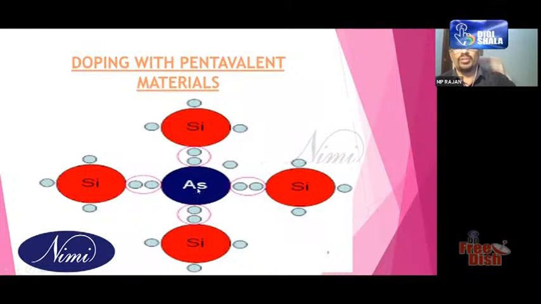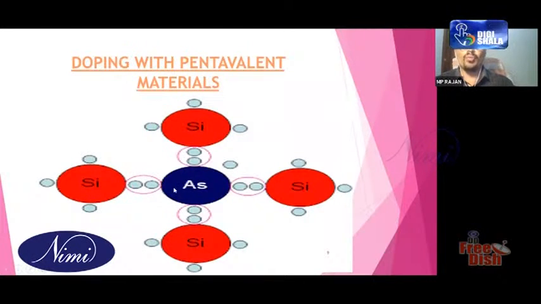Arsenic, so that is adding impurity. Without impurity, we say semiconductors are intrinsic semiconductors. When you add doping or impurity, we say extrinsic semiconductor. So in the extrinsic semiconductor, arsenic is having 5 electrons in the outermost shell, whereas silicon is having 4 electrons. Okay, so 5 electrons are there.